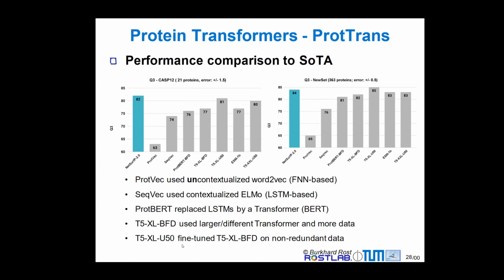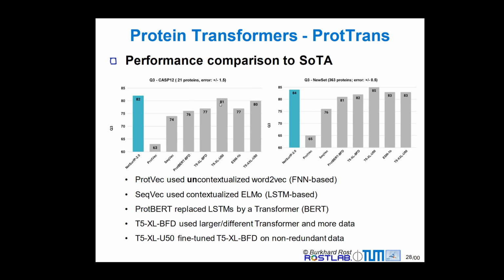And this is as true for these language models as it is for any other machine learning device. So the largest jump actually in recent time that we observed was from here, from the T5 version that was trained on metagenomic, highly redundant metagenomic data, to the non-redundant version of it trained on UniRef 50.